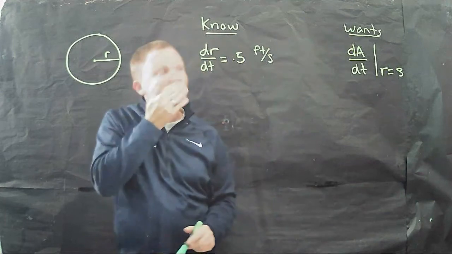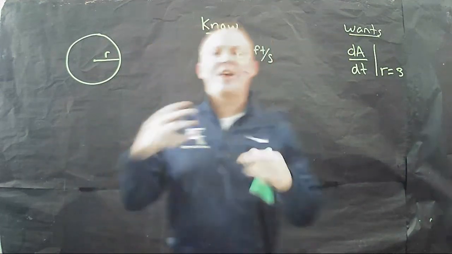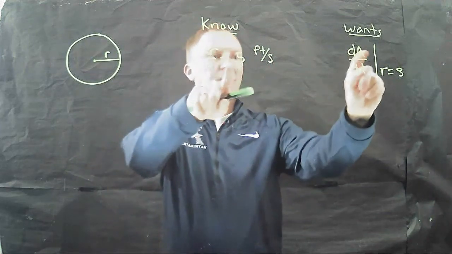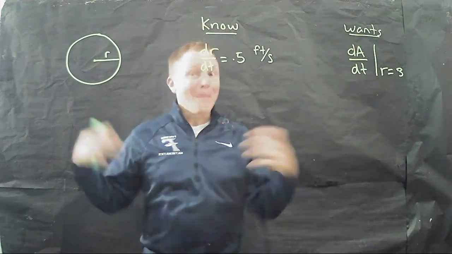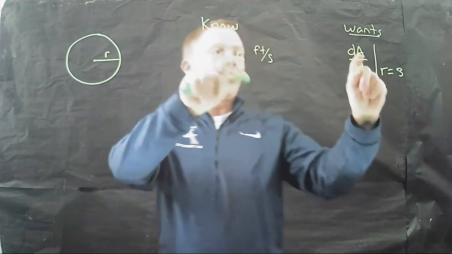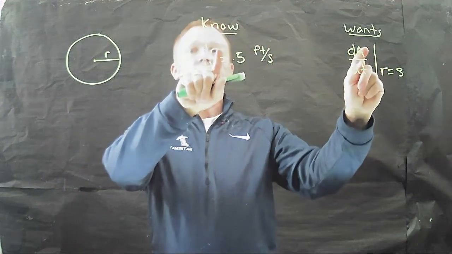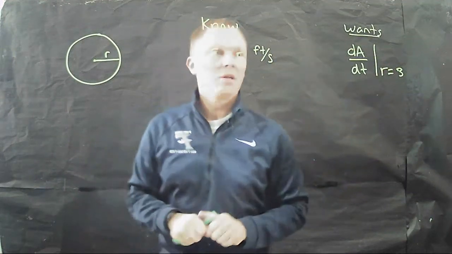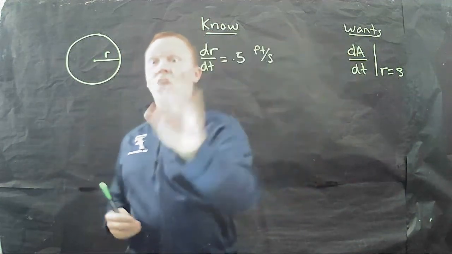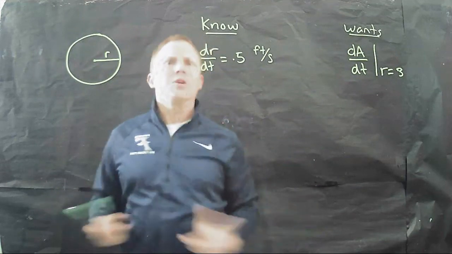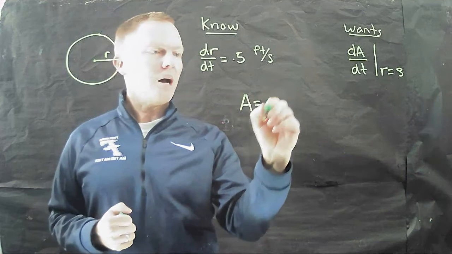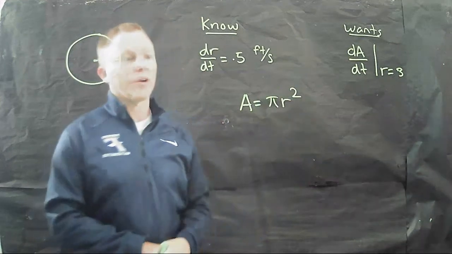The next step is traditionally going to be to find some sort of equation that relates these variables, A and r. Maybe there's a t in it, maybe not. But find some relationship that relates the variables in the numerators of your derivatives, like A and r. So is there some equation that relates A and r in this situation? Well, of course. It's a circle. The equation of the area of a circle is A equals pi r squared, right?